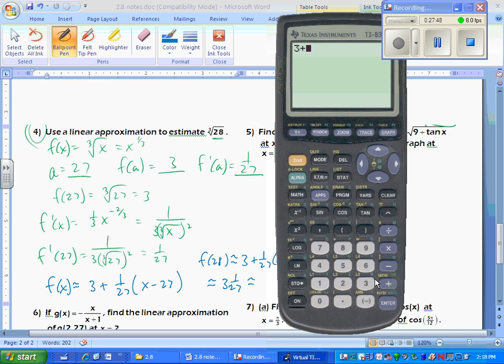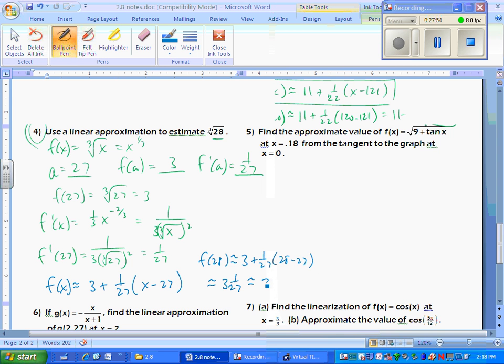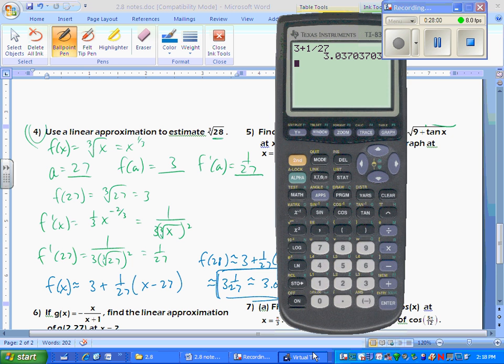So that gives us 3.037. We can compare that to the actual cube root of 28, or 28 to the 1/3. 3.037 if we rounded.